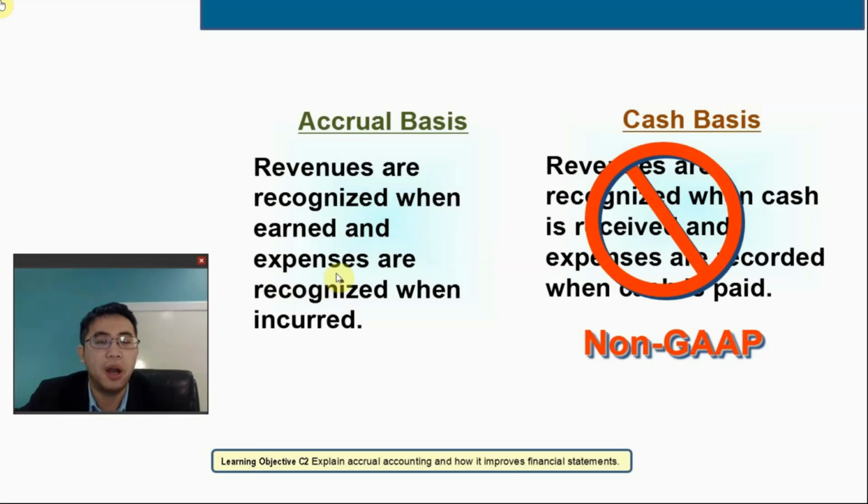You should put the number on your financial statements today, although you do not pay it until later. Okay, so basically under accrual basis, we record our revenue whenever it is recognized. We record our expenses whenever it is incurred. We do not do the recording based on the time the cash from the revenue is received or the cash from the expense is paid.